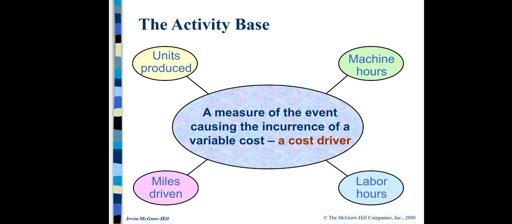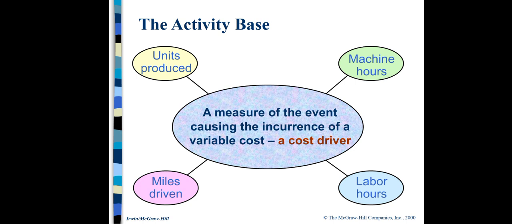Miles driven itu jarak tempuh ya. Jadi intinya untuk bisa mengetahui variable cost secara akurat, maka kita harus menghitung dulu cost driver. Cost driver ini adalah suatu pemicu biaya dari suatu aktivitas.